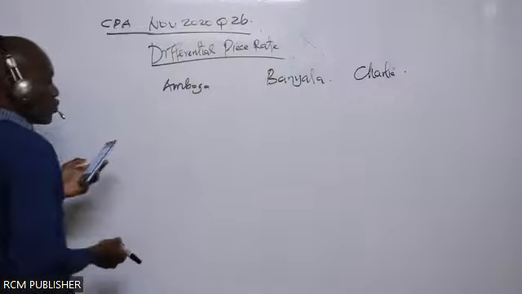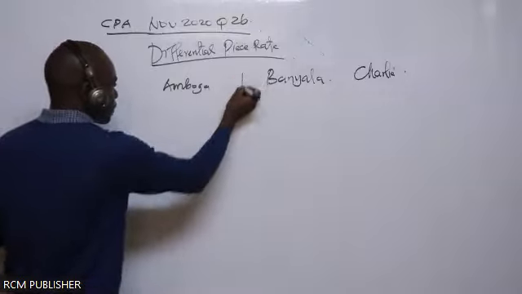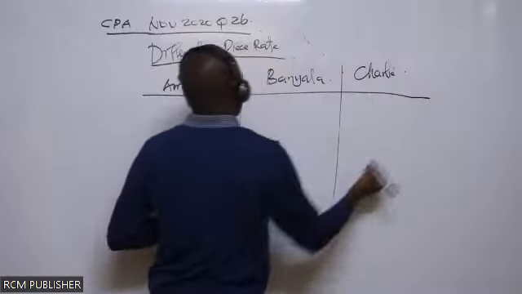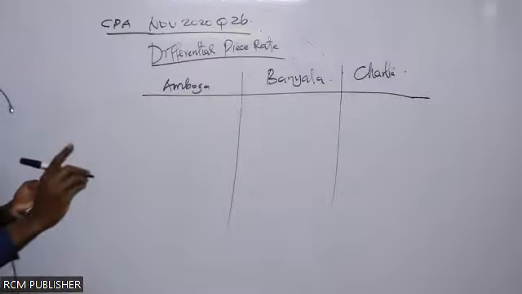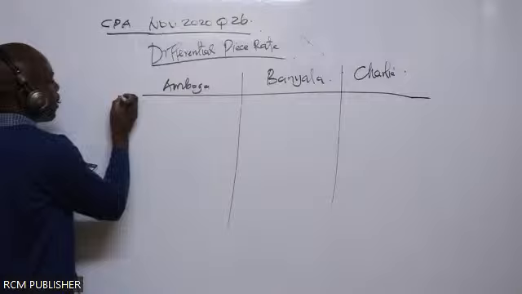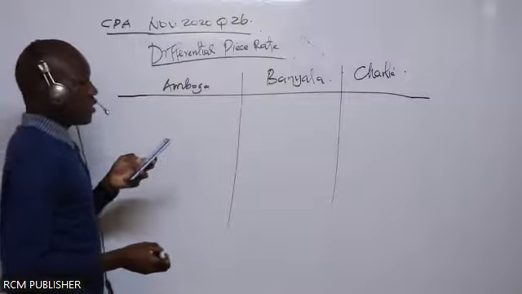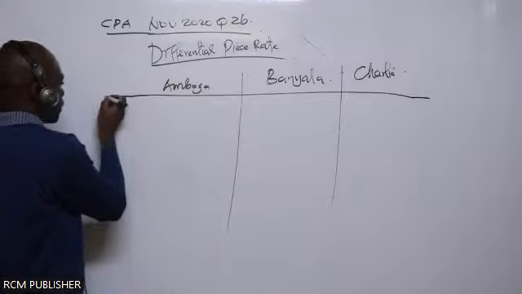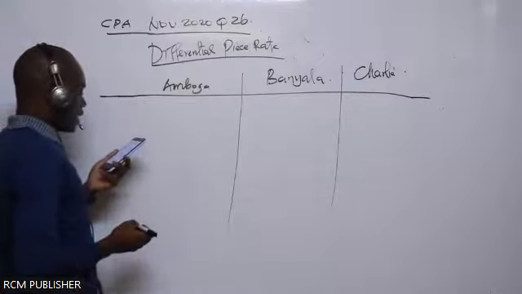So the first 0 to 250 units. Let's deal with the hamburger here. For the first 250 units, hamburger will be paid 15 shillings.